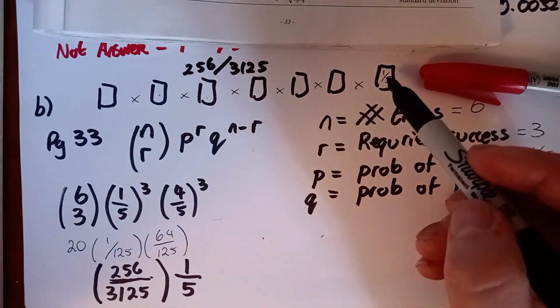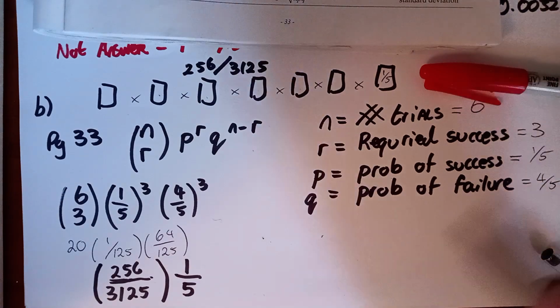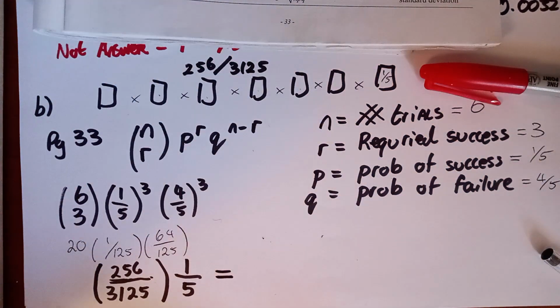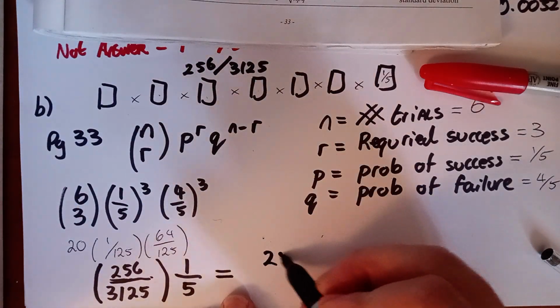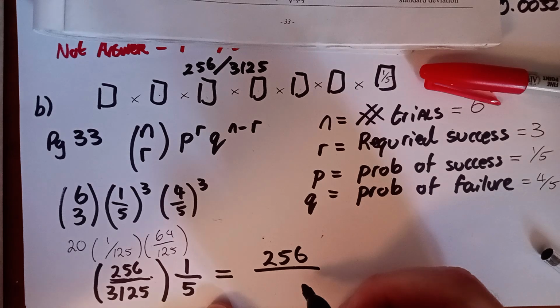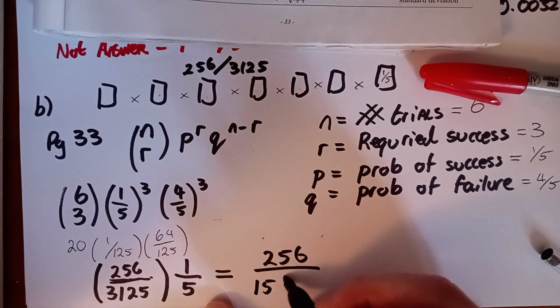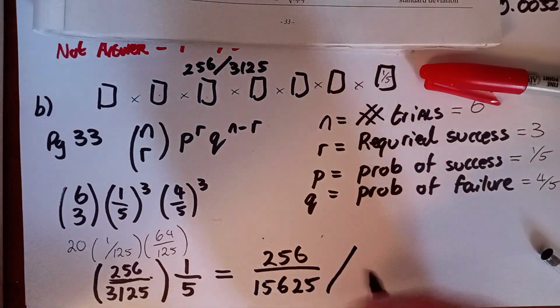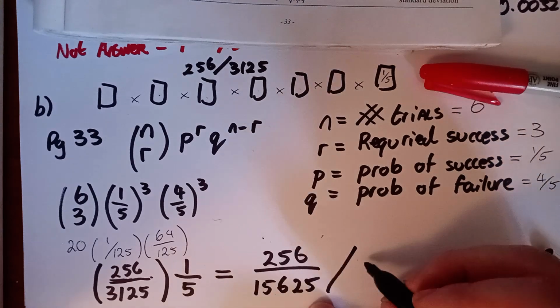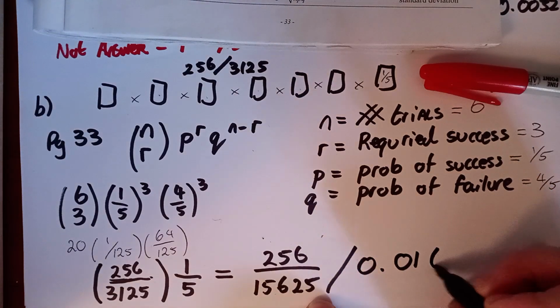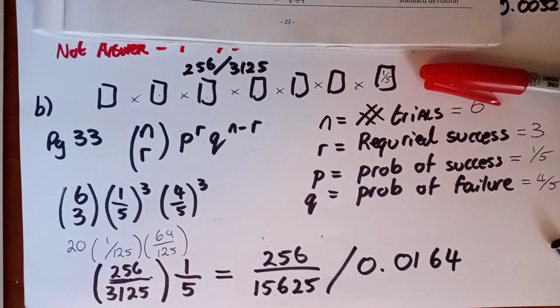We then multiply that by the 1 in 5, which is the success, to give us our final solution of 256 over 15625. And as a decimal, that is 0.0164. There are more decimal places, but that's rounded to the nearest.